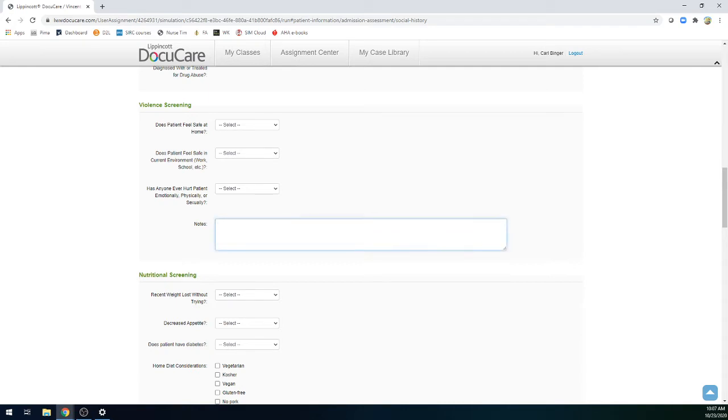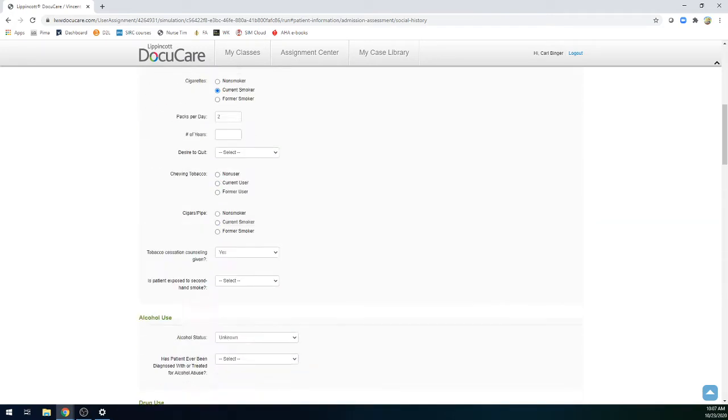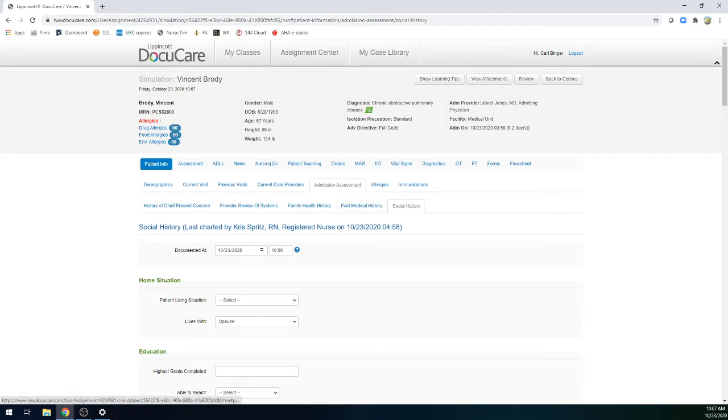In the notes, put in there, deferred due to patient condition. Or if we're on a different patient where you can do it, make sure you fill these out as best as you can. Okay? All right. So that was our mission assessment.